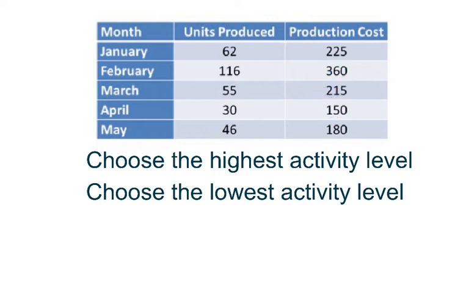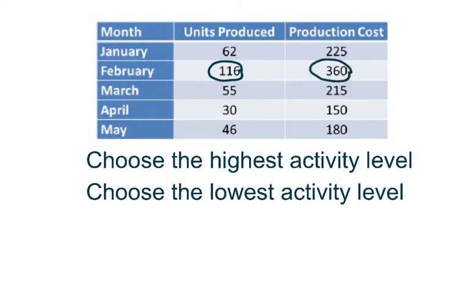All right, so where do we start? We choose the highest activity level. And the highest activity level, if we look at this table, is in February. And the production cost with 116 units is $360. We can say this is Namibian dollars.